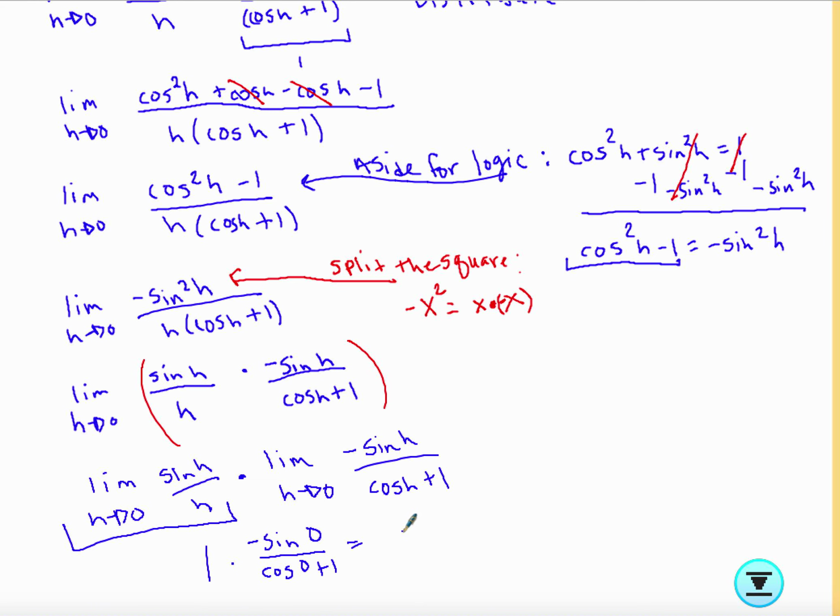Now, negative sine of 0, I guess we could write negative 0. You know that doesn't mean anything. It's just 0. Cosine of 0 is 1. 1 plus 1 is 2. So I've got 1 times 0 divided by 2. That is 0. And that, oh my goodness, is what we were trying to show.